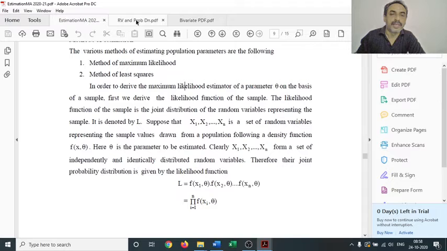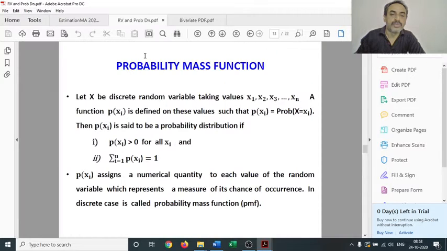Earlier we found that a probability distribution, maybe a probability mass function or a probability density function, has two properties. The first property is p of xi greater than or equal to 0, and the second is the summation over i equal to 1 to n of p of xi equal to 1, where x is a discrete random variable assuming values x1, x2, etc., xn. So here we deal with one random variable at a time.